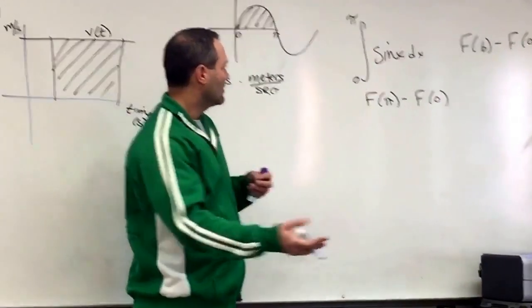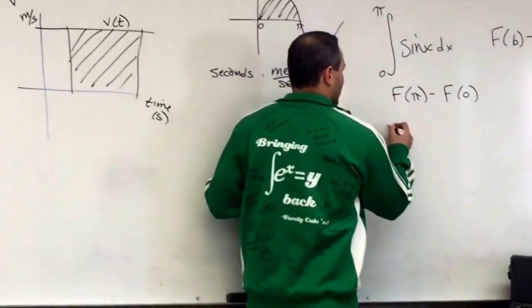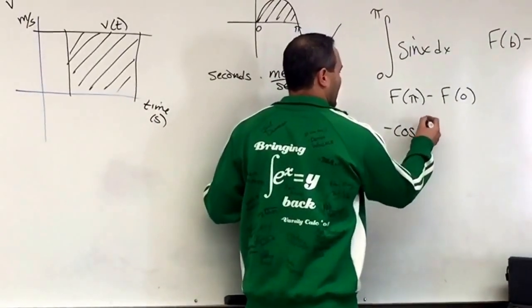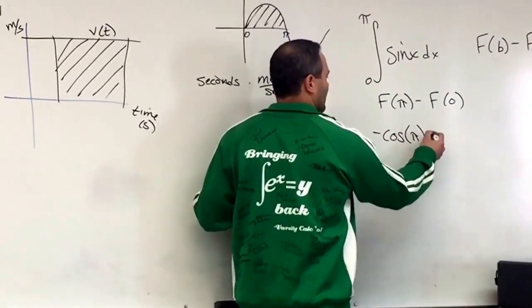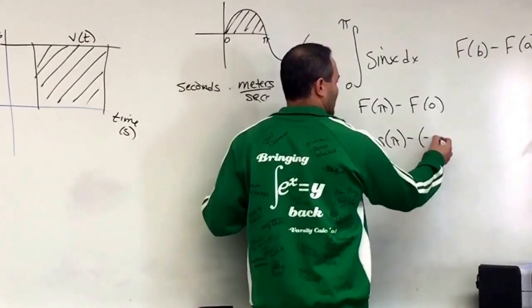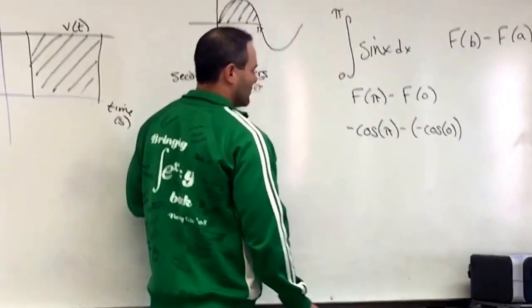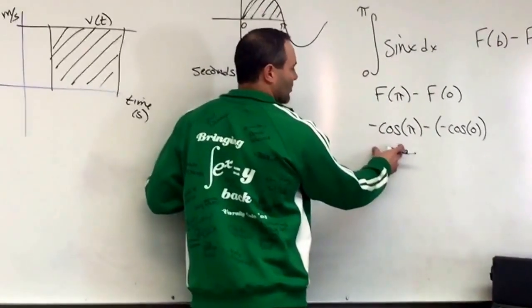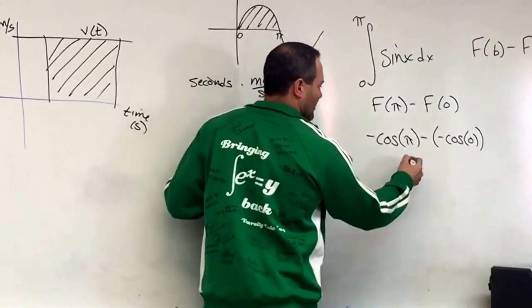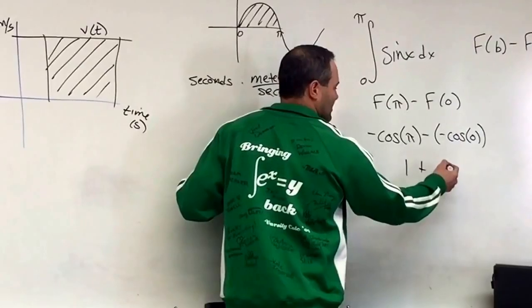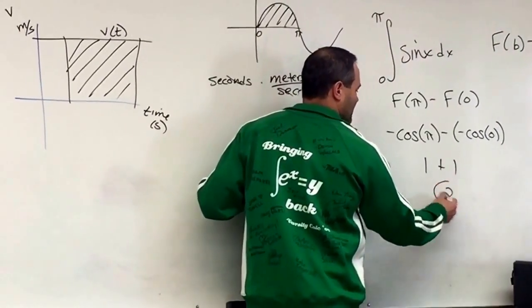So negative cosine of pi minus negative cosine of 0. The cosine of pi is negative 1, the opposite of negative 1 is 1, plus the cosine of 0 is 1, 1 plus 1 is 2.